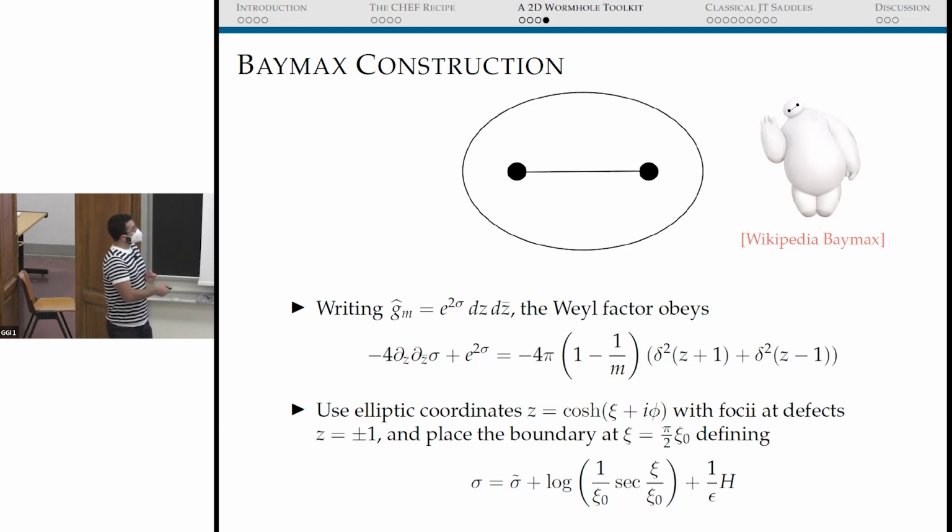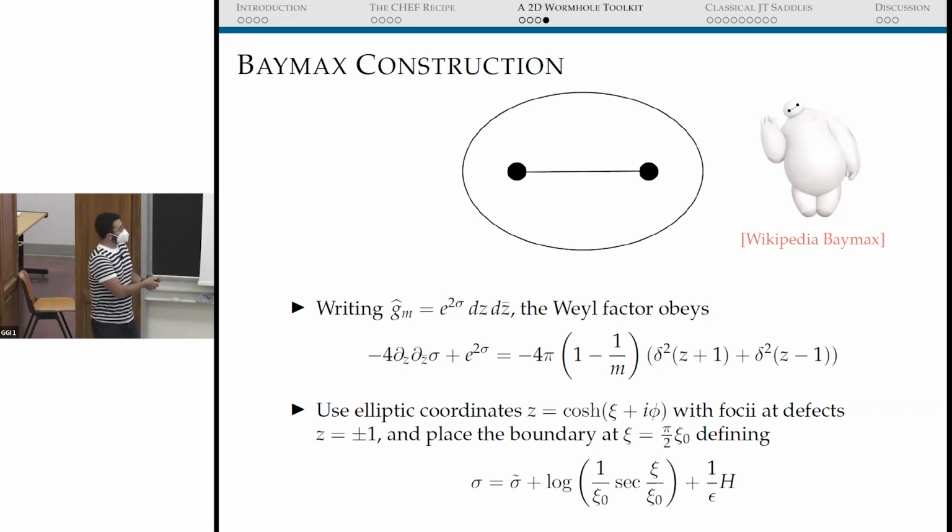This replacement of the Weyl factor allows me to simplify the problem a lot, because here I'm defining a new Weyl factor where I've stripped away the boundary that I'm placing at the radius psi equals psi naught. And I'm also introducing this function, which we know explicitly, which basically consists of Green's functions that are also Dirichlet on the boundary.